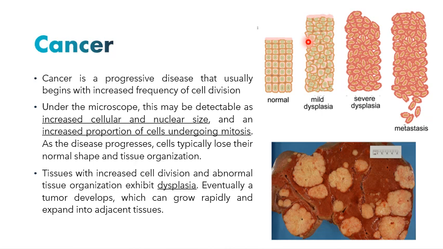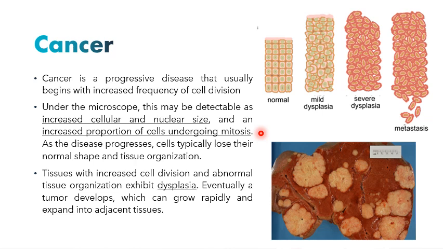So as you can see here in this tissue, some of the places are indicating the presence of the tumor. And when you look at the cancerous cells under the microscope, you will detect increased cellular and nuclear size. The shape of the cells will be abnormal, the size will be abnormal, and even the proportion of the cells that go through mitosis will be increased.